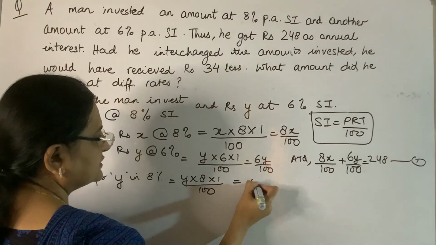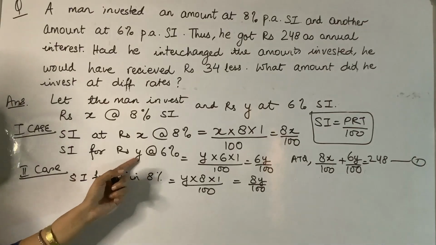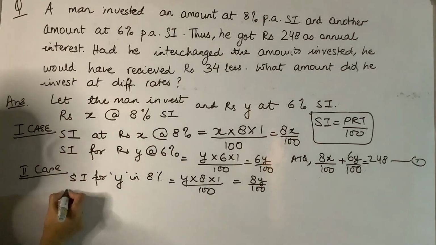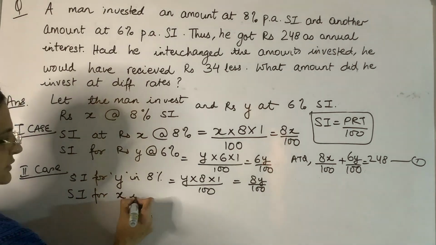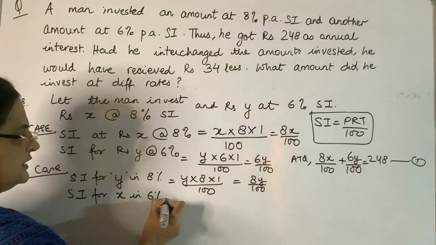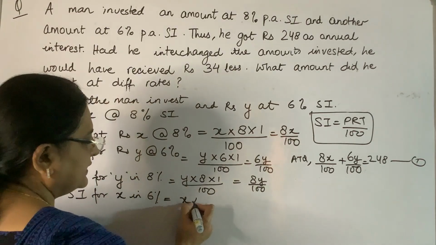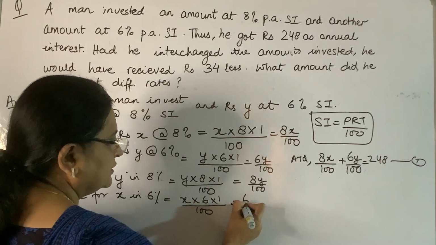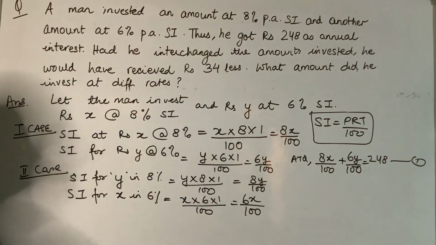So this becomes 8y upon 100. And instead of Y, the principal has become X. He has changed the principal amount. Rate of interest is 6%. So now it becomes x into 6 into 1 upon 100, which is 6x upon 100.